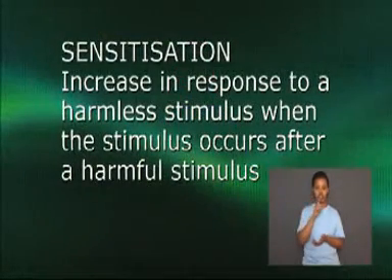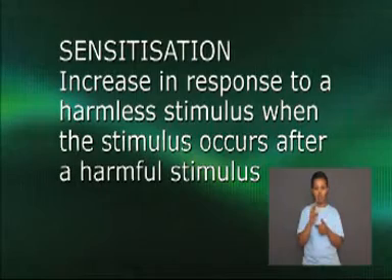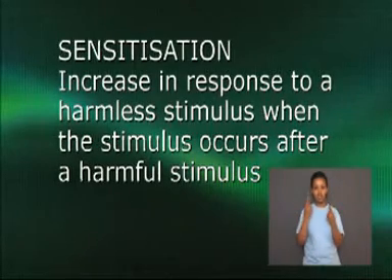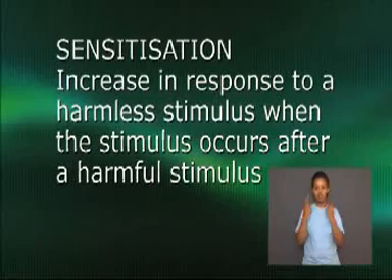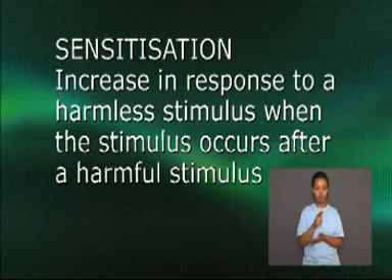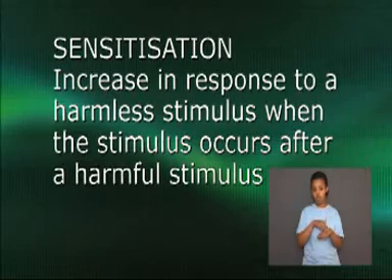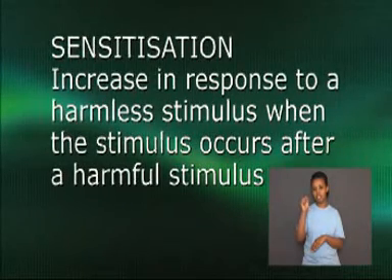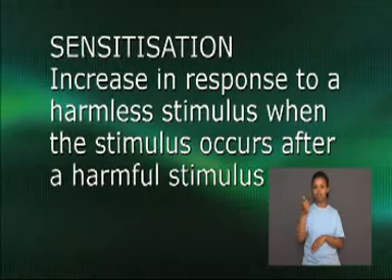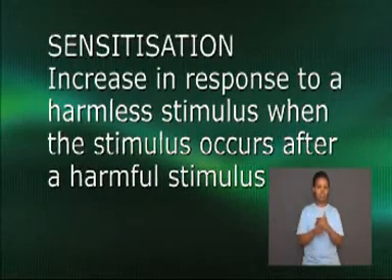Sensitization is an increase in response to a harmless stimulus when the stimulus occurs after a harmful stimulus. In higher animals, such as humans, peripheral sensitization refers to sensitization that results from changes in the neurons of the peripheral nervous system.